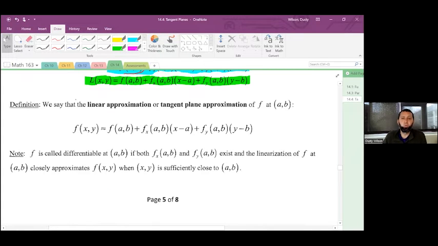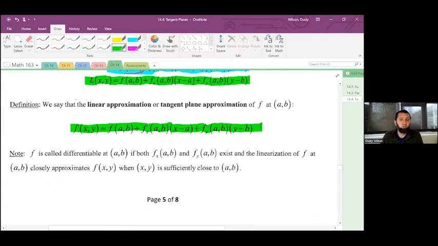So definition, we say that the linear approximation or tangent plane approximation of f at (a, b) is this function here. f of (x, y) is approximately equal to f of (a, b) plus the partial derivative of f with respect to x evaluated at (a, b) times x minus a, plus the partial derivative of f with respect to y at (a, b) times y minus b.